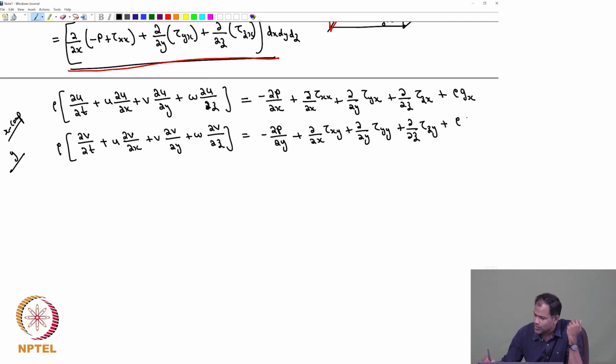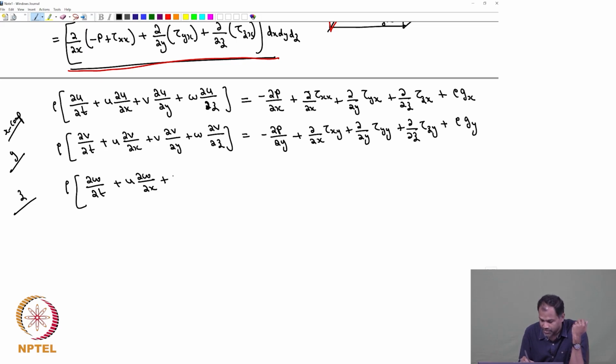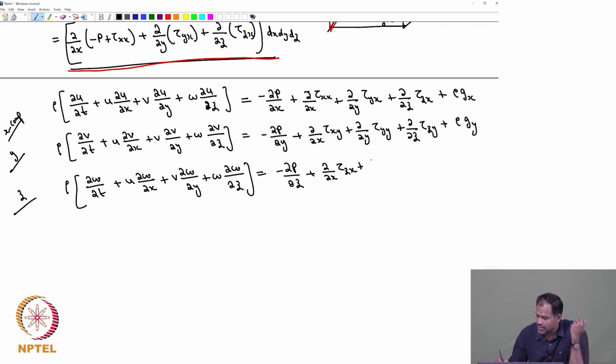tau zy plus rho gy, and the z component is going to be ∂w/∂t plus u ∂w/∂x plus v ∂w/∂y plus w ∂w/∂z is equal to minus ∂p/∂z plus ∂/∂x of tau xz plus ∂/∂y of tau yz, sorry, this is now the notation, plus ∂/∂z of tau zz plus rho gz.